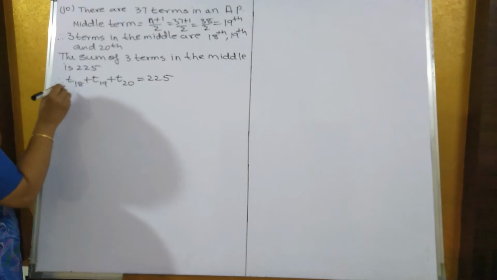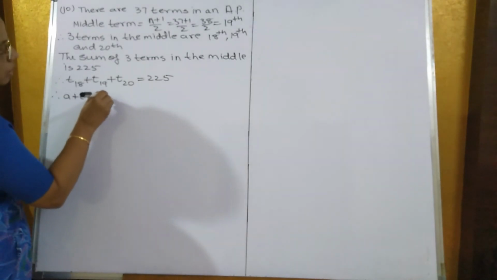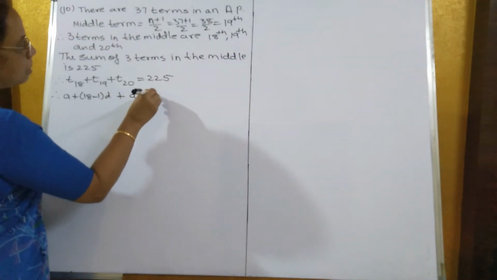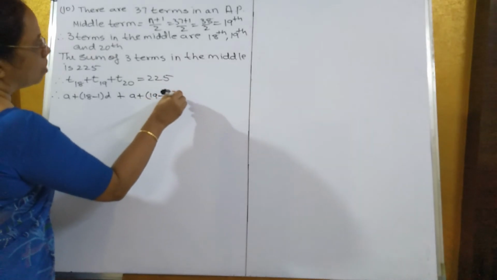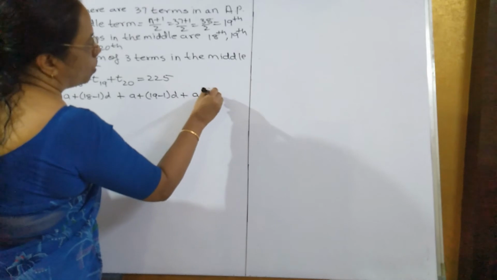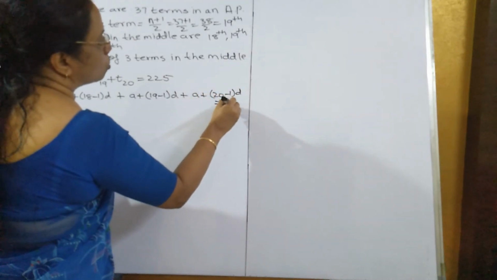Now what is T18? A plus 18 minus 1 D. What is T19? A plus 19 minus 1 D. What is T20? A plus 20 minus 1 D, should be equal to 225.